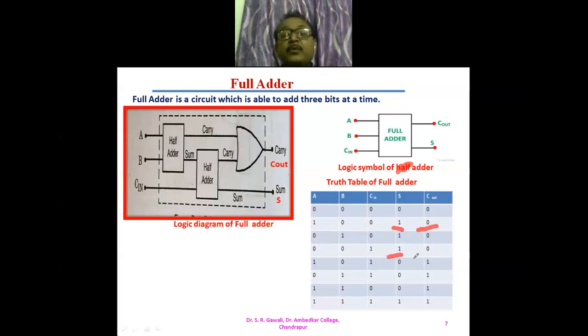When two inputs are high and one input is low, at that time we get the sum as 0 and carry as 1. So here the first time carry is 1. When all three inputs are 1, we get the sum as 1, and in all the rest of the possible combinations too.